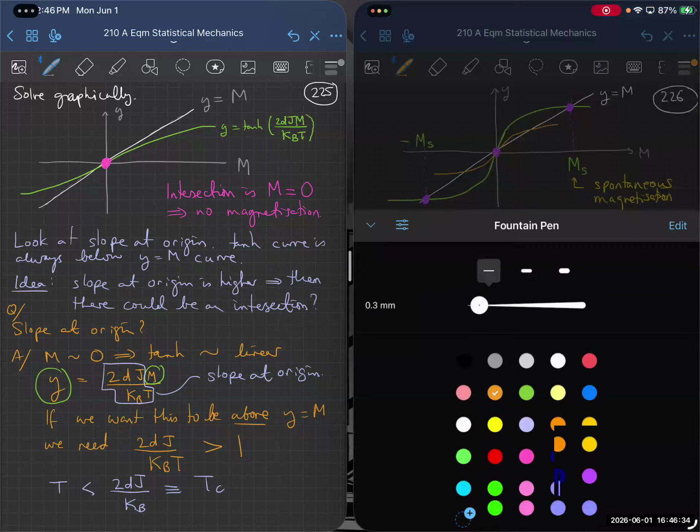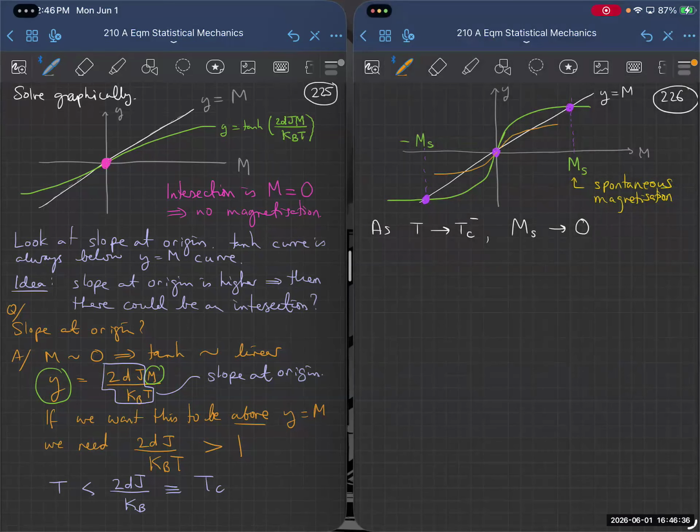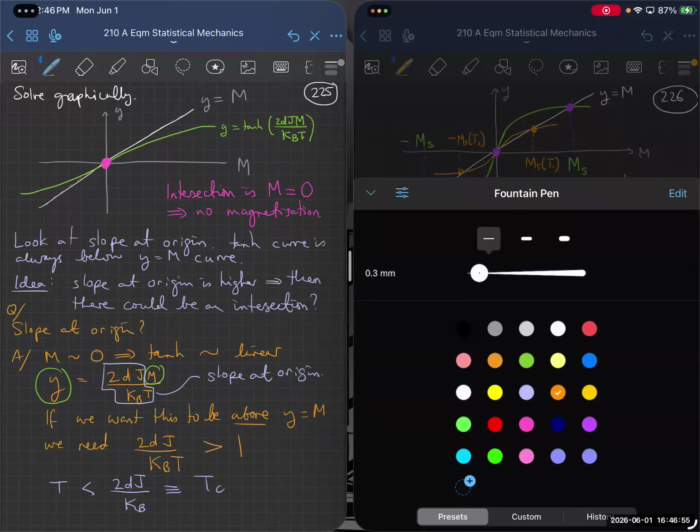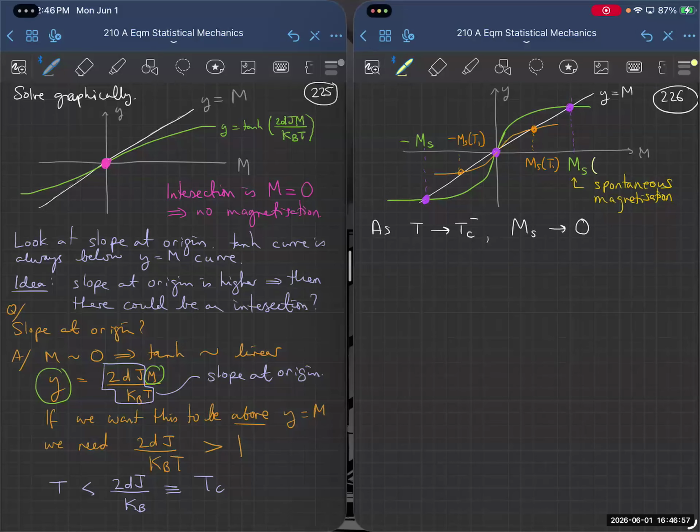And then for this example, the ms minus ms would be like that. They'd be closer to the origin. And we'll say that this ms here, I've drawn it at, say, temperature T2. This is at temperature T2.